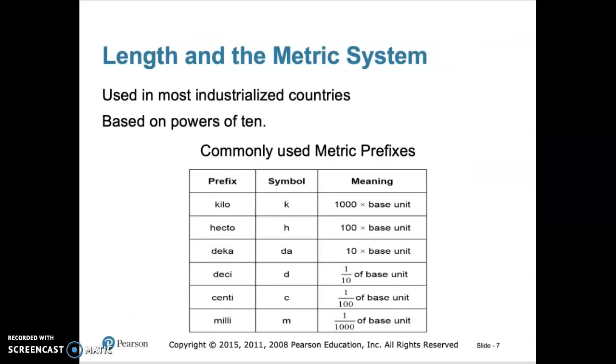So let's talk about the metric system. This is one that we are not as familiar with, but we've got kilometers, hectometers, decameters, decimeters, centimeters, and millimeters. Those are all base 10. Other countries believe this is easier, and we're one of the very few that don't use the metric system.